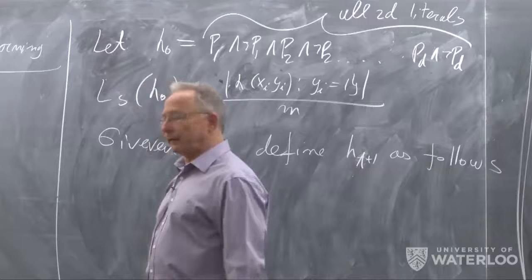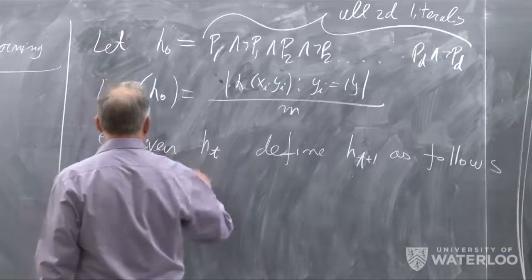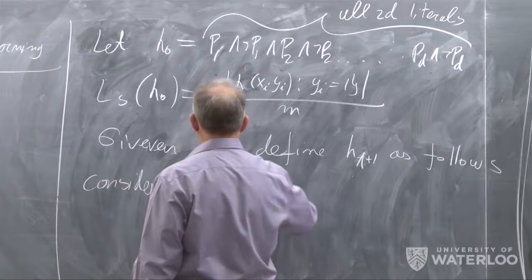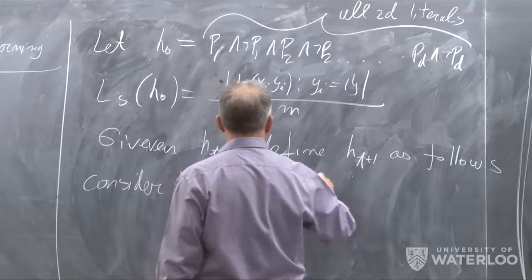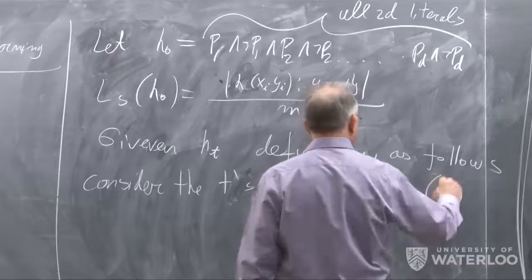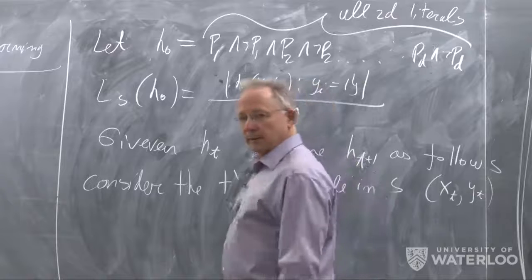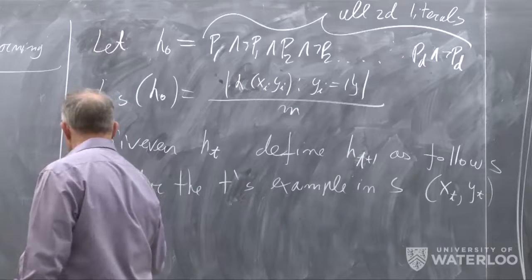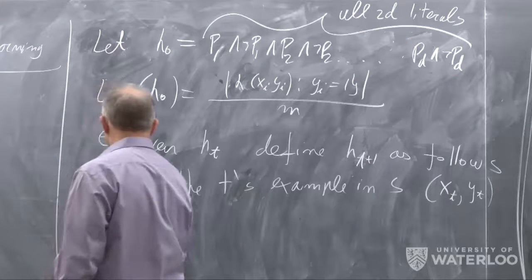Now we consider the t plus 1's, or the t's example in S. So this is some xt, yt. And now there are two cases. I want to decide what is ht plus 1. So I'll have two cases.